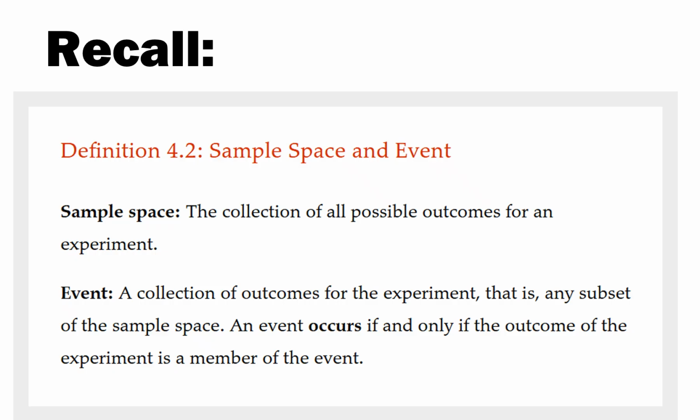So when we have done things where it's like, oh, of a possible sample size of 2 or of 3 or of 4 or so on. An event is a collection of outcomes for the experiment, that is, any subset of the sample space. An event occurs if and only if the outcome of the experiment is a member of the event.